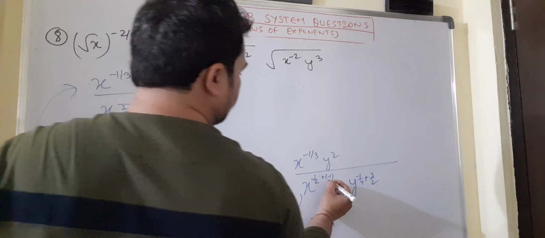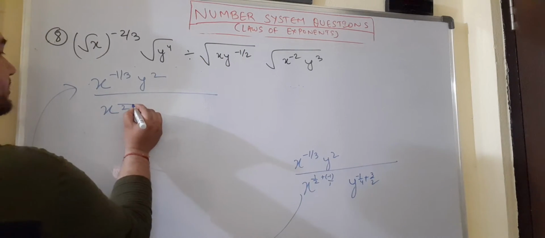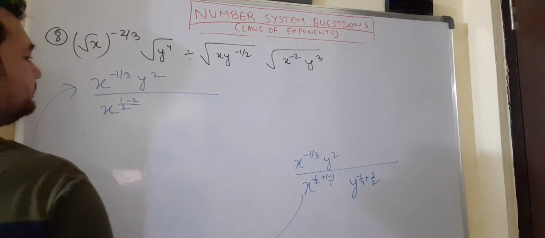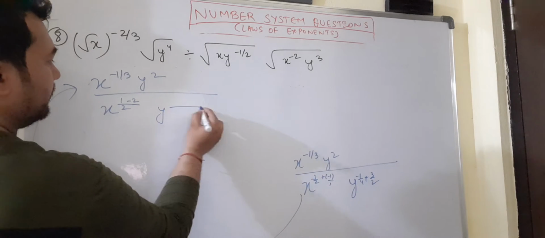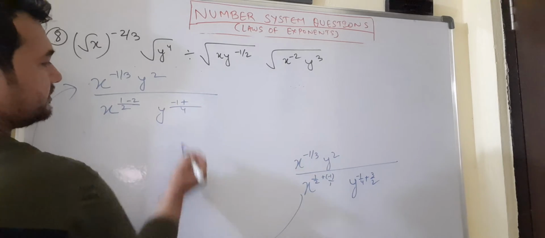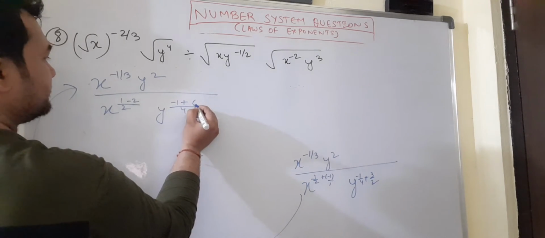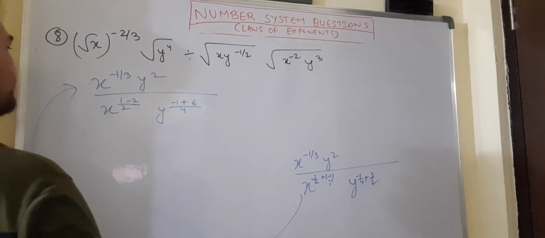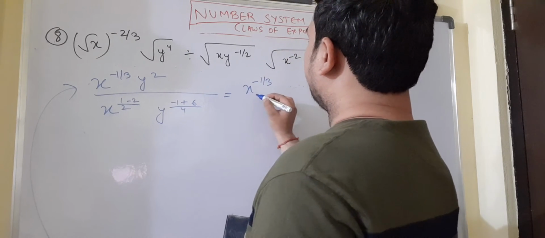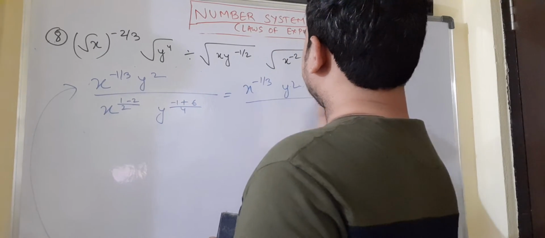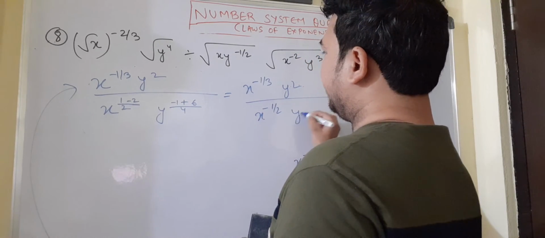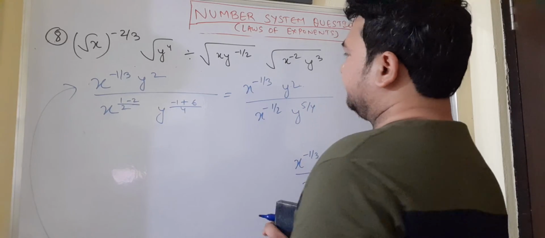So this has 1 as denominator, 1 over here and minus 2 over here. y 4 is the denominator, 4 1s are 4, minus 1 is there, and plus 2, 2 3s are 6, so 6 is here. This is x minus 1 by 3, y 2, x minus 1 by 2, y 5 by 4.